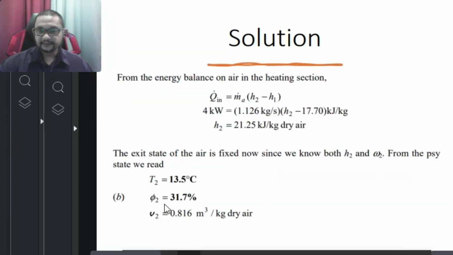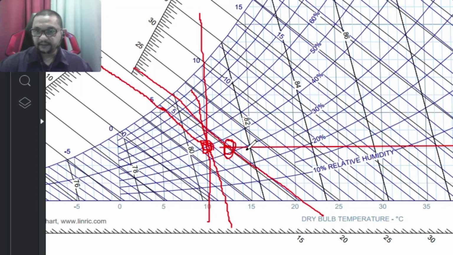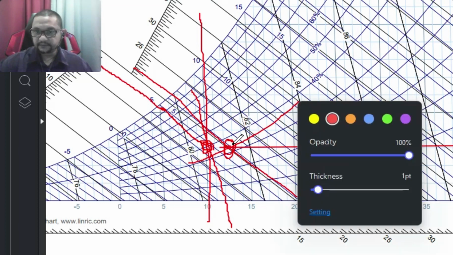Okay, the exit phi, phi 2, is 31.7. How do you get the 31.7? This is around 30%, so this is around 31.